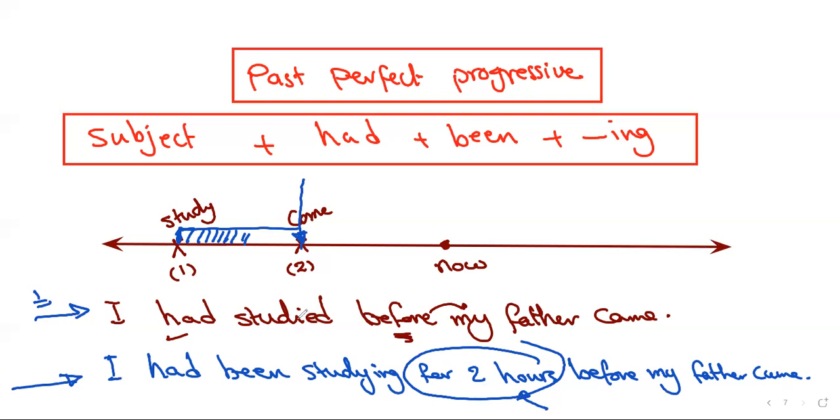And this is the difference between the two tenses, the past perfect simple and the past perfect progressive. For 2 hours is the most important part in this sentence, to know that this action is in the past perfect progressive.